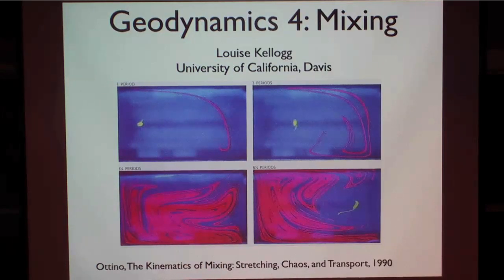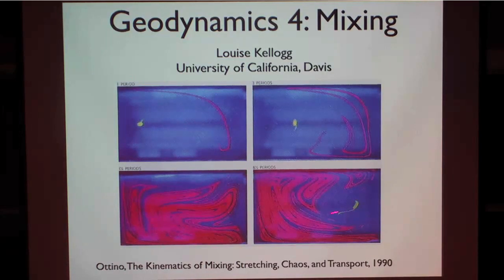Then he's driving the flow by shearing motion back and forth with a plate along the top. That leads to a very complex flow, and you can see that over time it leads to extremely odd mixing behavior. This green blob and this red blob started out as the same size, but the red blob is being sheared and folded and stretched. The green blob is pretty much remaining unmixed.